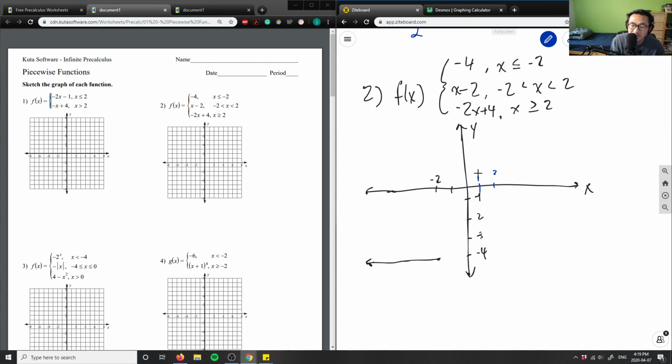If I plug in -2 here, I have -2 minus 2. -2 minus 2 is -4. So in this case, it actually picks up where we left off here, because I solved for this point. This point here is -2 and -4, right? So it starts from where we left off here, and it goes towards 2, right?